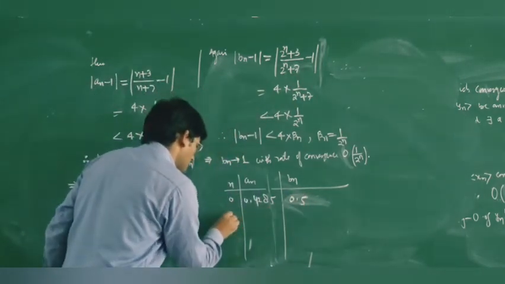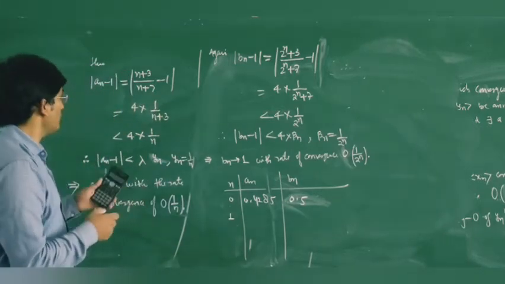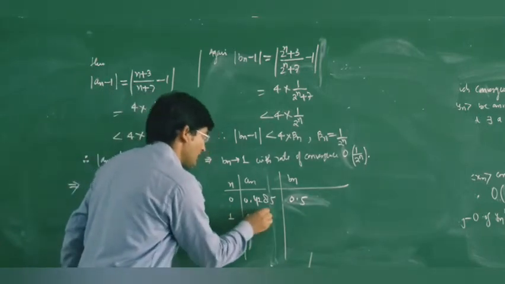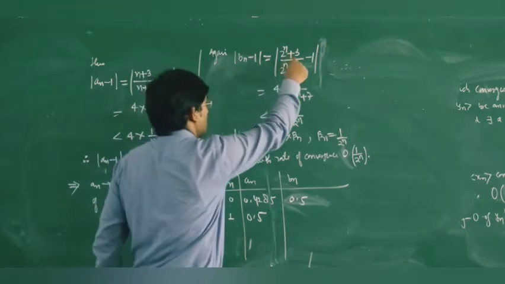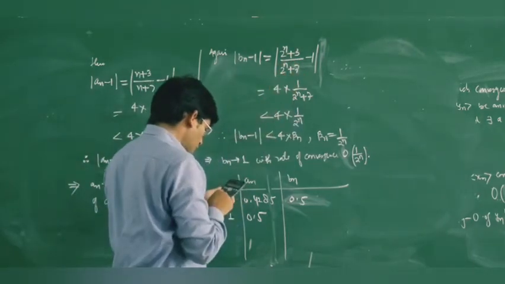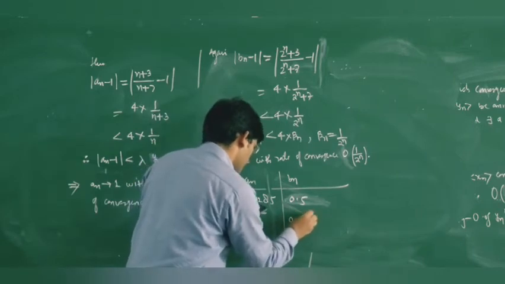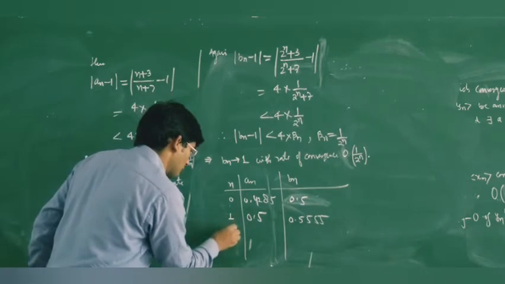Now put n equal to 1. If you put n equal to 1 in the an, then this will be your 4/8. So this is your 0.5. And your b1, put n equal to 1 here. So this will be your 5/9. So 5/9 is equal to 0.5555. So again put n equal to 2.